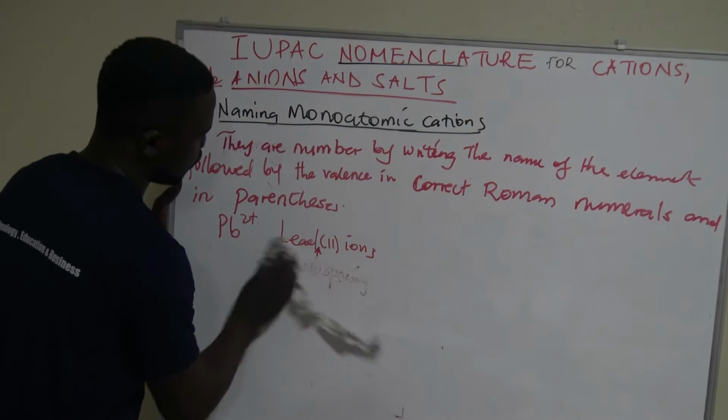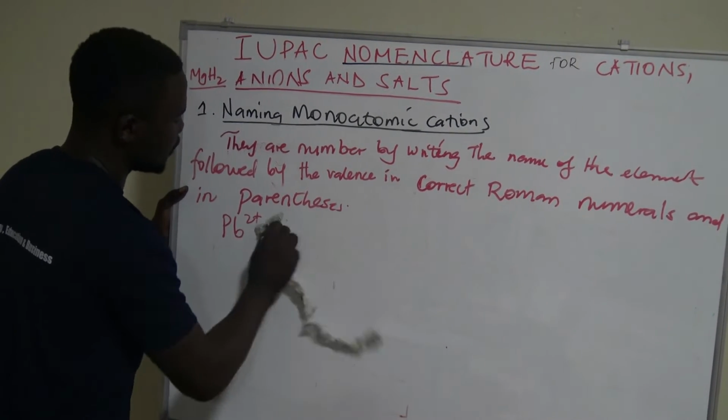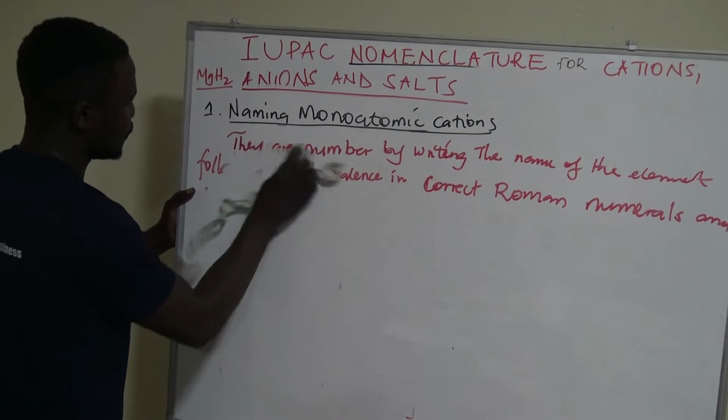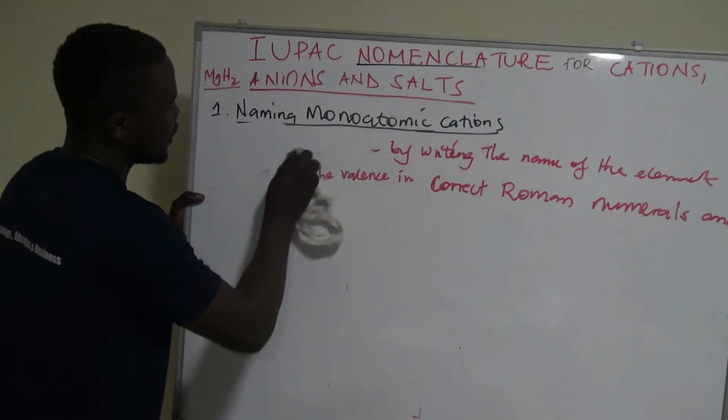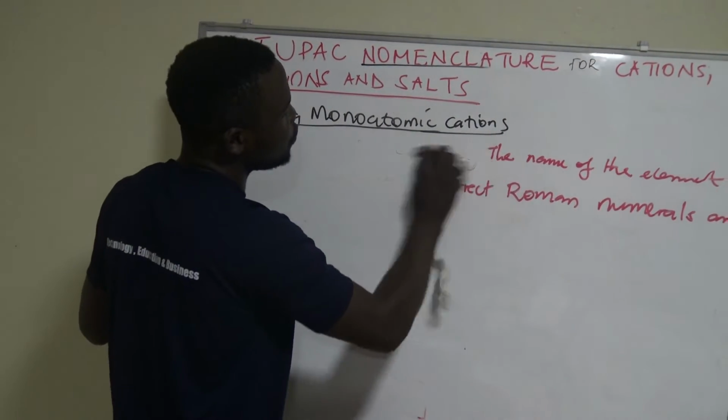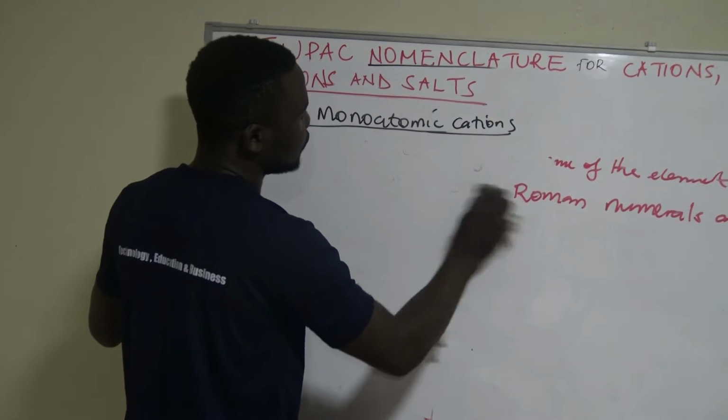So that is how we name these monoatomic cations. I'm going to put a table that will have a variety of them, the ones that we are most likely to encounter. So we should be knowing how to address them.